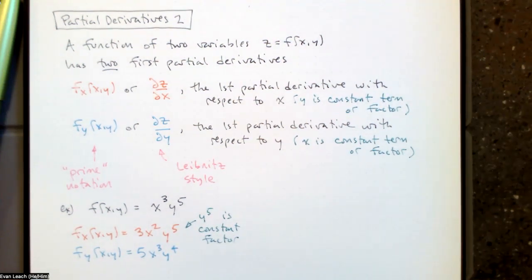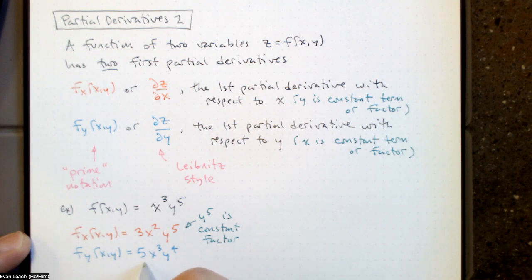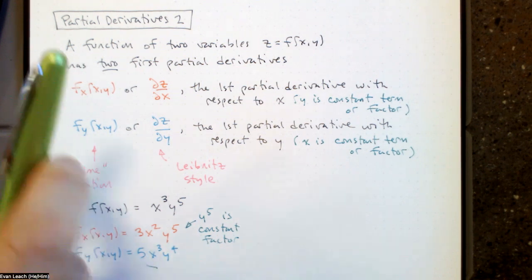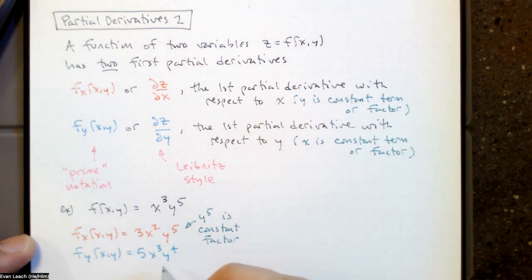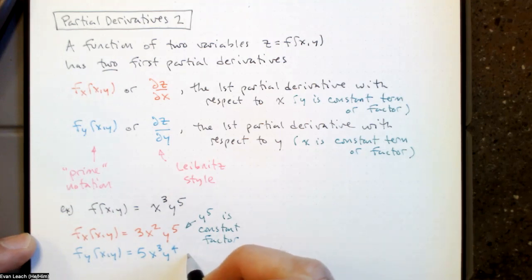Then the other thing we do is rearrange this so it looks like a proper monomial, and we don't put the 5 in the middle as the middle factor. We like our constant factors to be out in front. So in this one, x cubed is a constant factor.